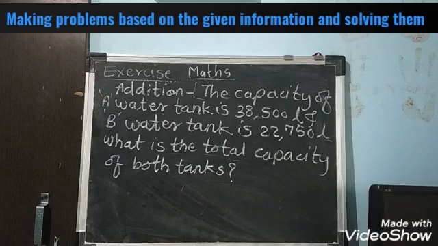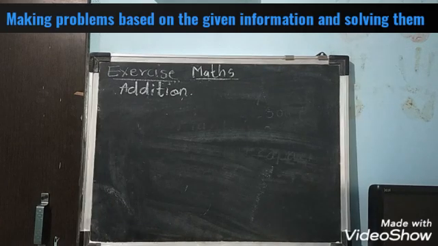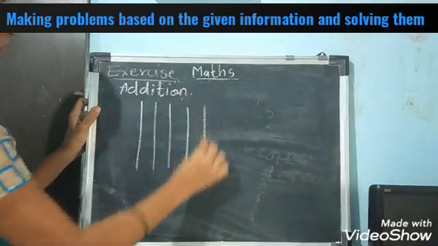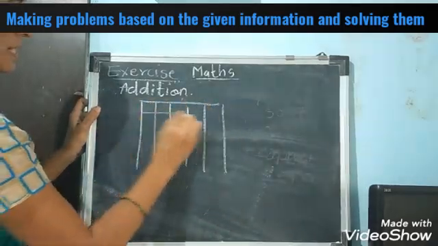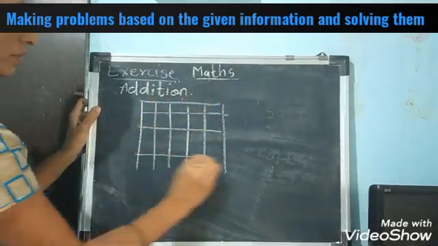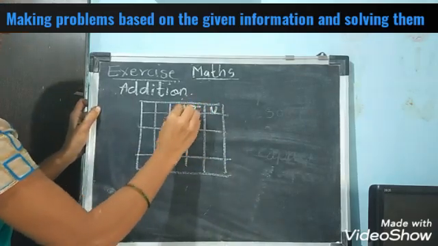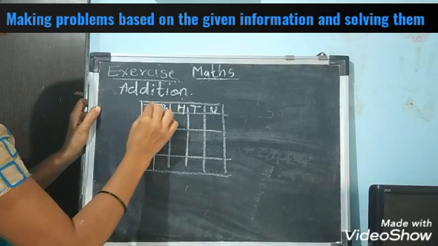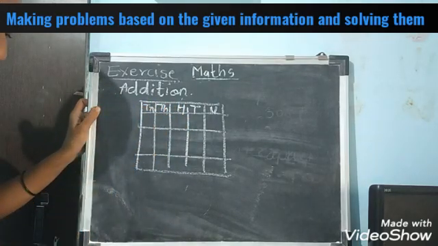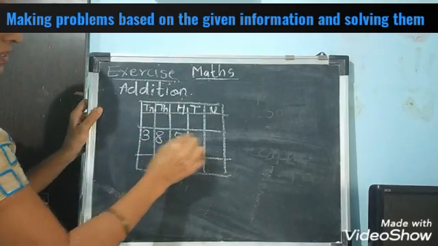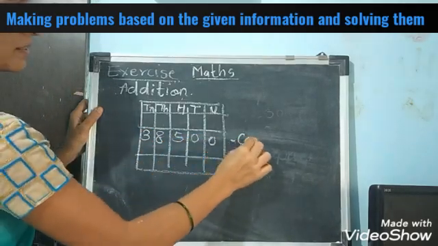This is the example of addition, so we will solve it on the blackboard. Make 5 columns. 1, 2, 3, 4, 5. Places, carrying over, numbers, answers. Units, tens, 100, 1000, 10,000. What is the capacity of the first water tank? 38,500. It is capacity.